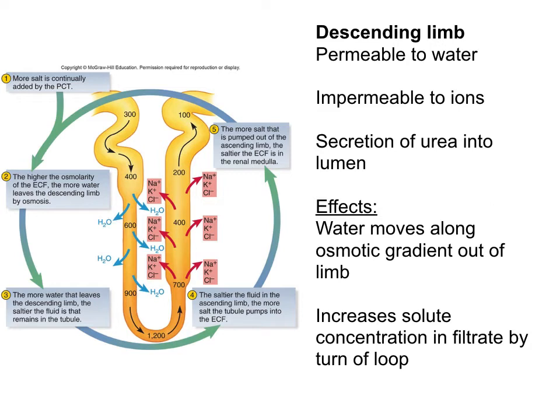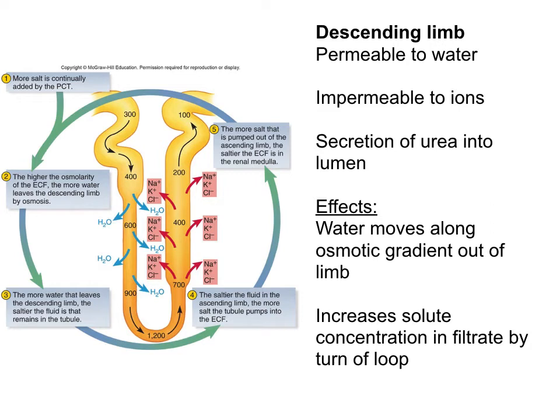Now, we've talked about water concentration before: if you have lots and lots of solute, you have less water in that area. So if you have very little solute, you have a lot of water. So I want you to imagine we have your tubular fluid heading down through your descending limb with a low solute, high water concentration, and it's passing through an environment that has high solute, low water.